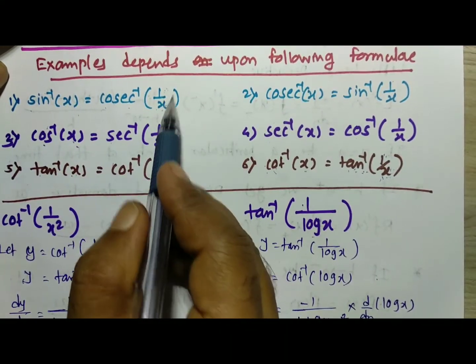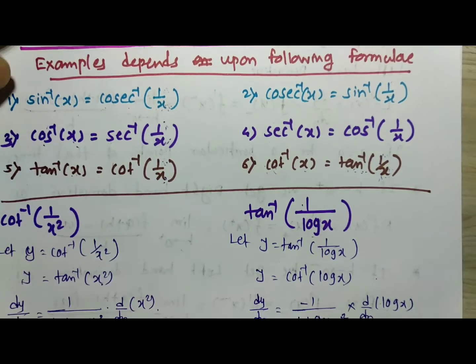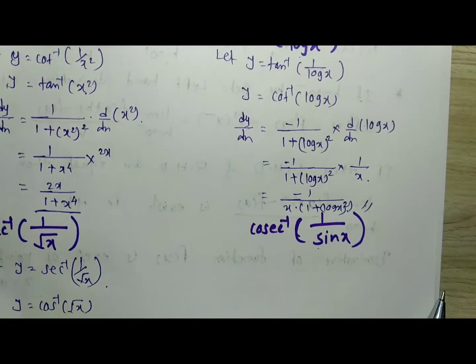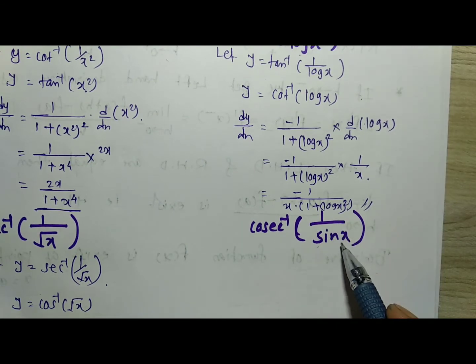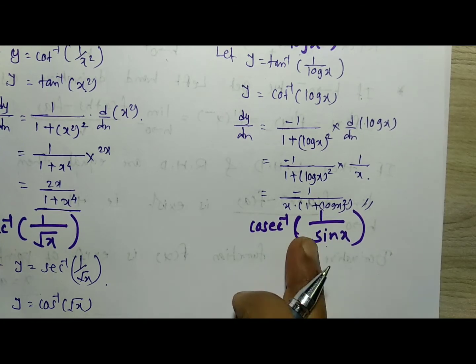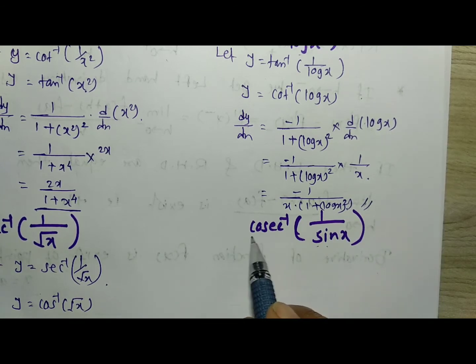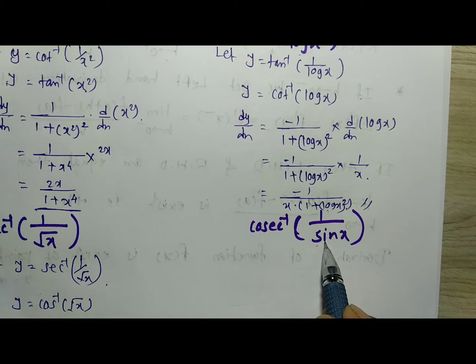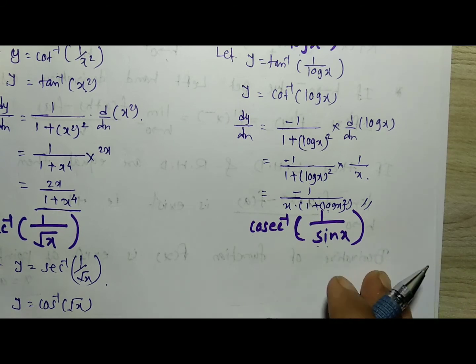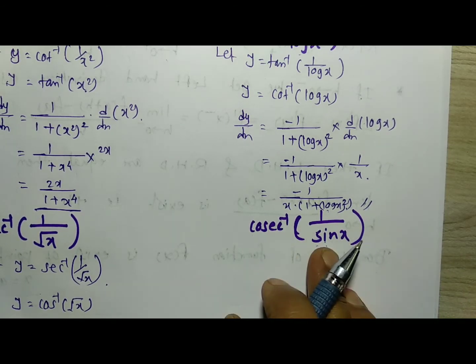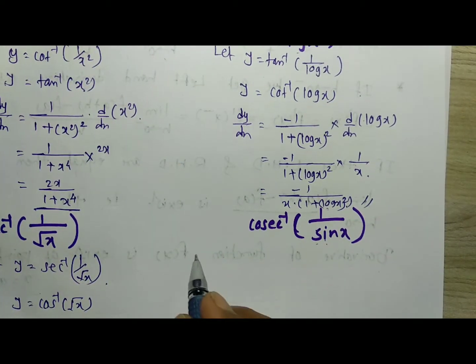That means you have to take the reciprocal of 1 divided by x here. Also, 1 divided by sine is equal to cosec, and therefore by using this directly, 1 divided by sine x is nothing but cosec x. First of all, we go with the formula.